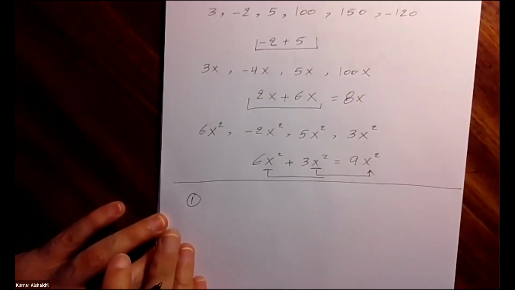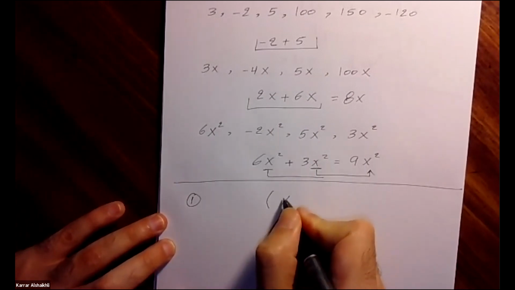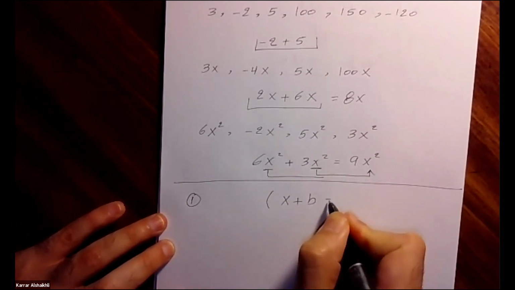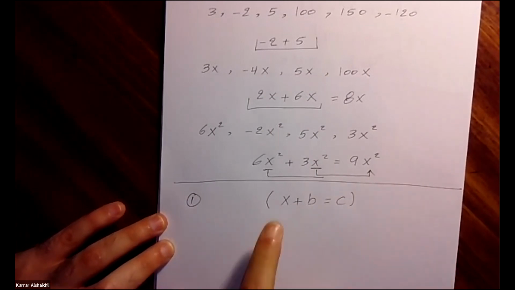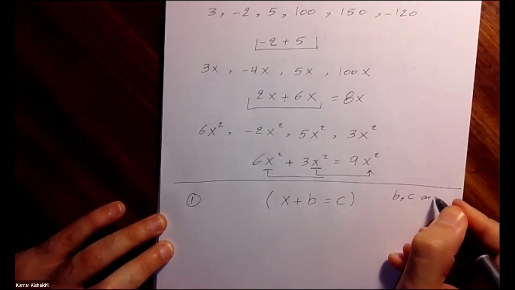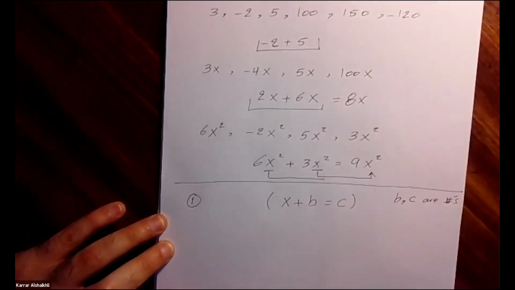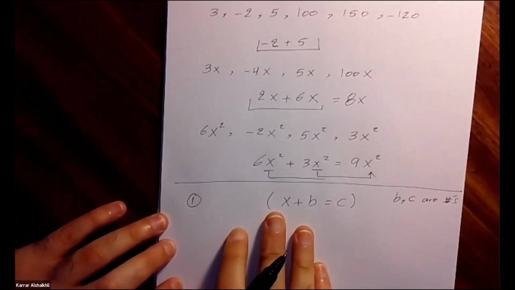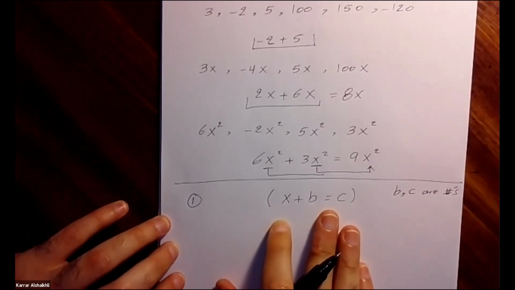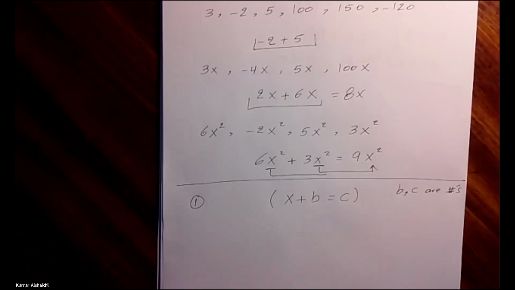How to solve linear equations of the type x plus b equals c. x is the variable, b and c are numbers. So this is the first time we will learn how to solve this kind of linear equation.